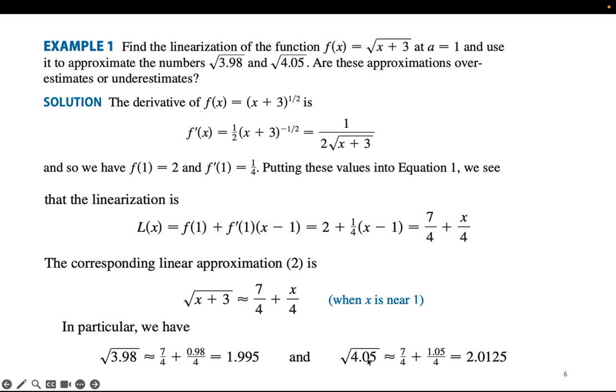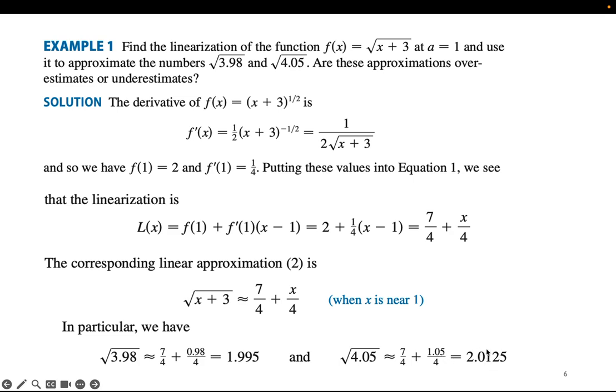In the same way, if x is 1.05, so that's close to 1, you plug in 1.05, you get root of 4.05. So again, we're going to approximate this using our linear, our tangent approximation. So again, the left side is hard to do. The right side, if I have to, I can do this by hand, by a pencil.